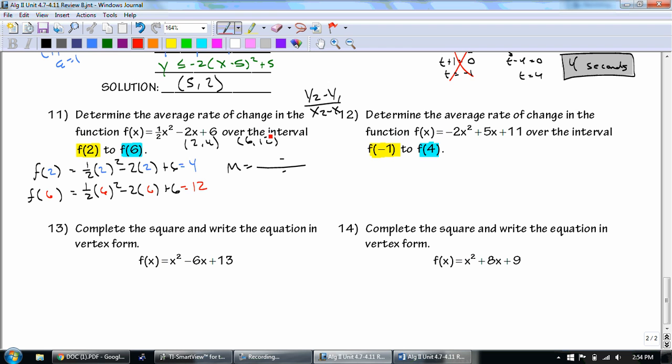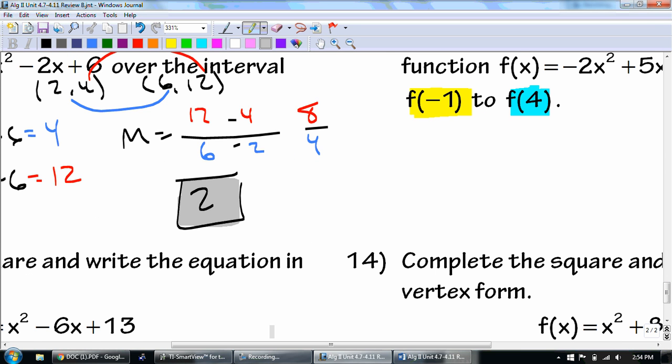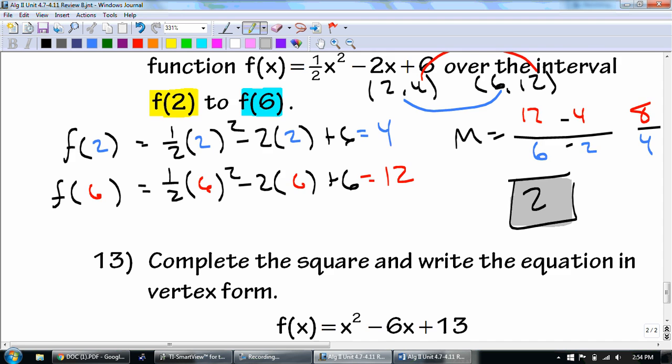So I have 12 minus 4, which is 8, over 6 minus 2, which is 4, and then 8 divided by 4 is 2. Okay. Number 13, I'm going to zoom in and do number 13, and then you guys are doing the last two on your own.